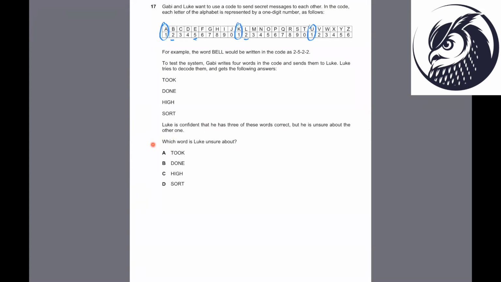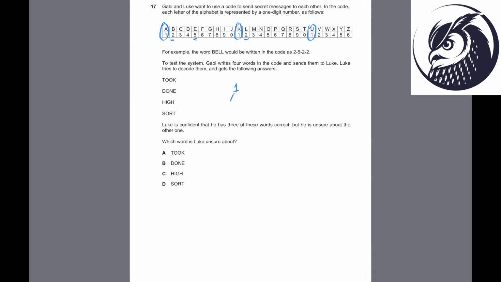So it's a bit of an interesting question because it's asking you which word Luke is unsure about. What that actually is asking us for is, are there any codes that could translate to multiple words? Remember how I said that if you had the number 1 as a code, it could actually refer to multiple letters.